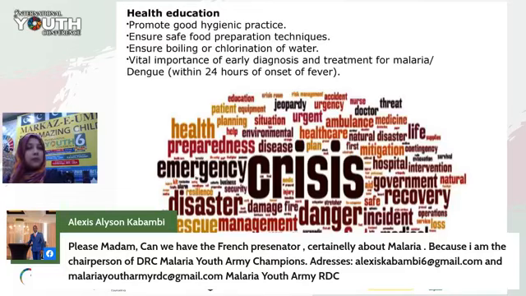Fever, body shivering, flu, cough: these four things we have in different types of diseases. These four main important things we have in our vector-borne diseases. But to identify, we have to go for diagnosis, and early diagnosis is most important to avoid any complications, to avoid any delay in treatment, and to avoid different types of mortality.